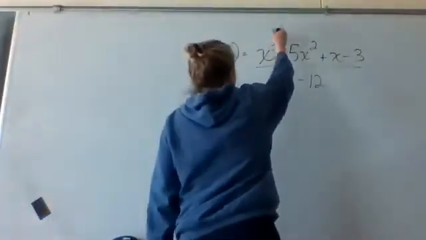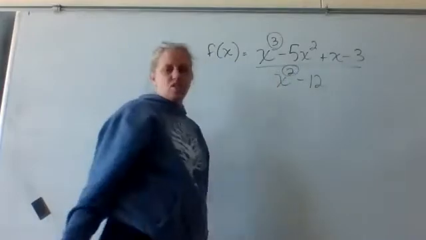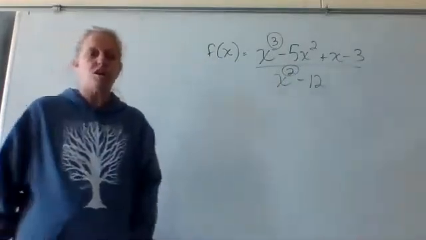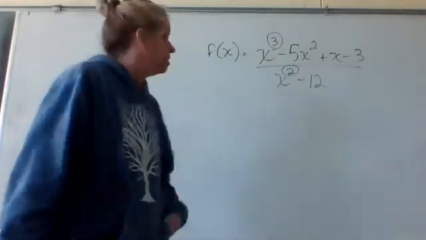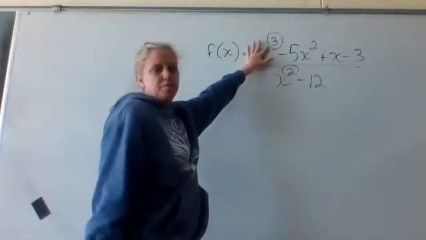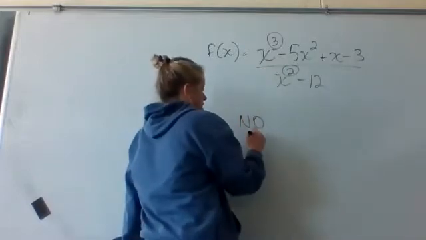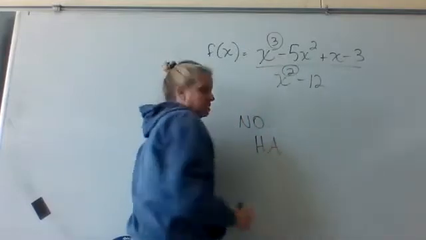So this time the degree of the numerator is greater than the degree of the denominator. So if you're looking at your horizontal asymptote cheat sheet, when the top degree is greater than the bottom degree, there is no horizontal asymptote.